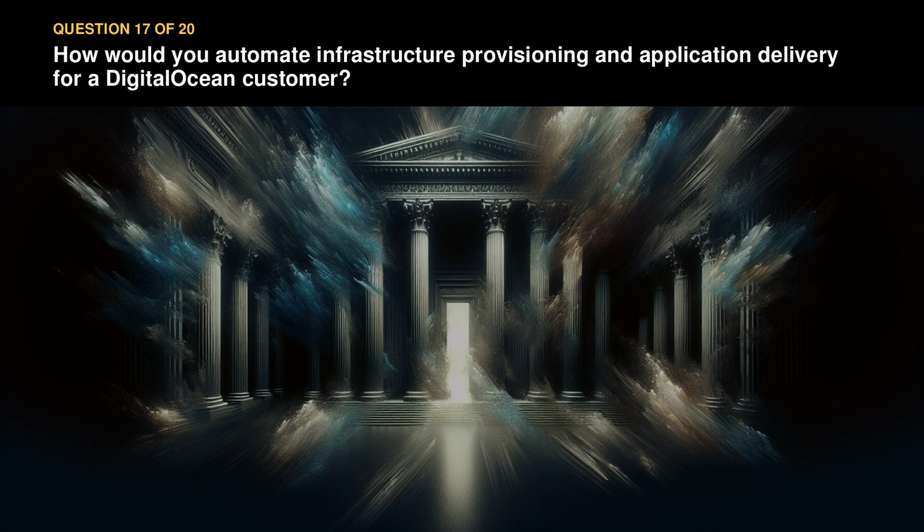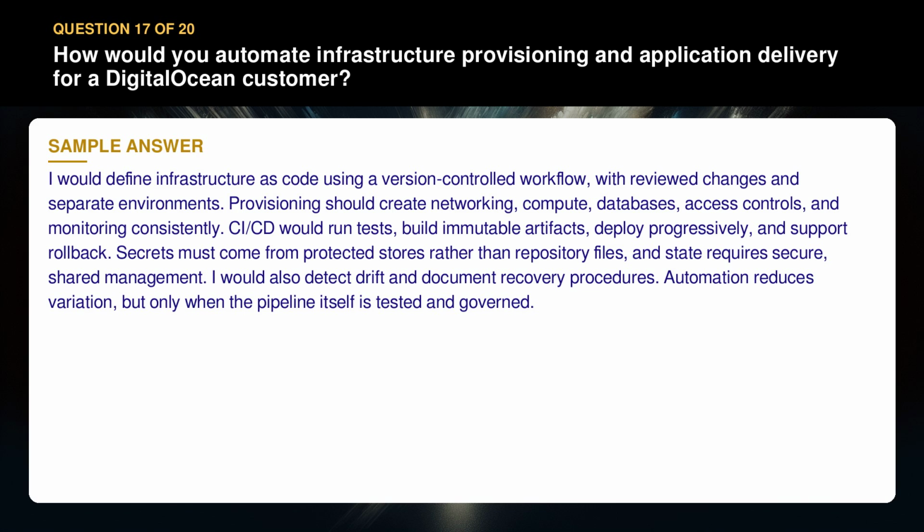Question 17. How would you automate infrastructure provisioning and application delivery for a DigitalOcean customer? I would define infrastructure as code using a version-controlled workflow, with reviewed changes and separate environments. Provisioning should create networking, compute, databases, access controls, and monitoring consistently.